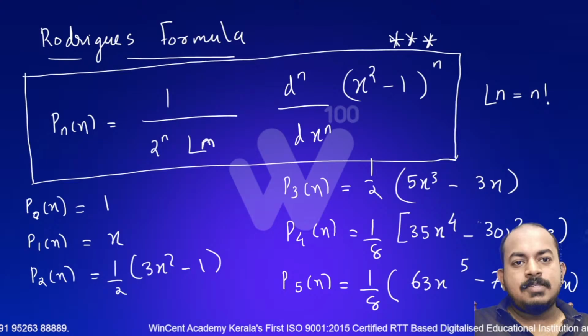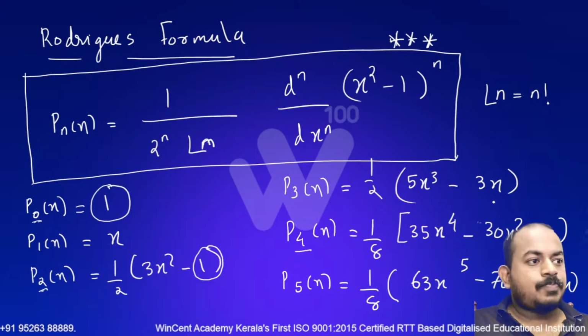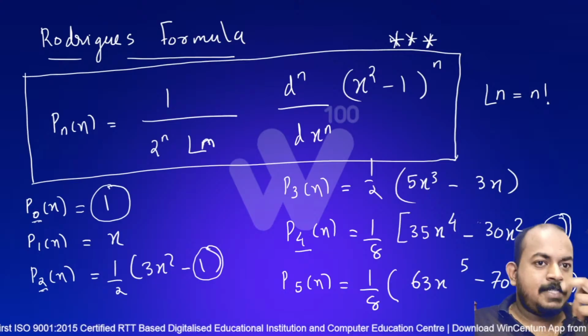For the even n series, these things terminate with what? Terminate with an integer. So p2 of x also terminates with an integer, and p4 of x also terminates with an integer, right?